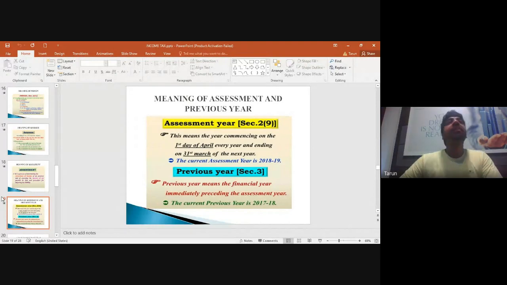So any income which is taxable and calculated is based on the previous year, but the year we are calculating for is the assessment year. That means for the next year. The assessment year comes under section 2 subsection 9, right? And the previous year comes under section 3.